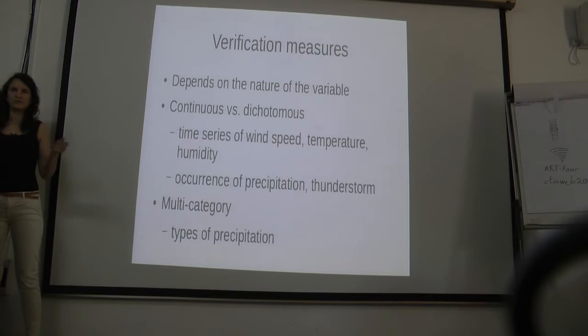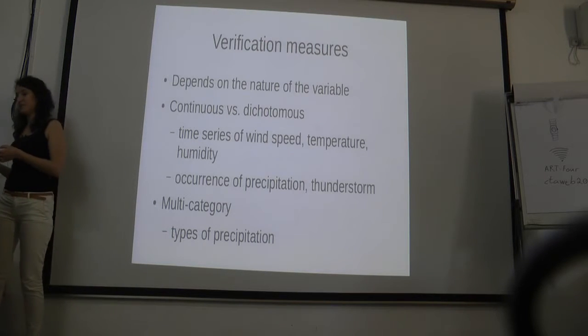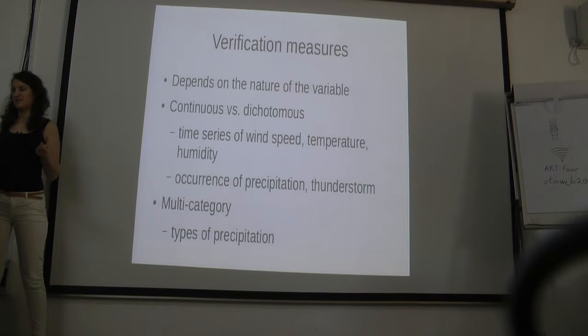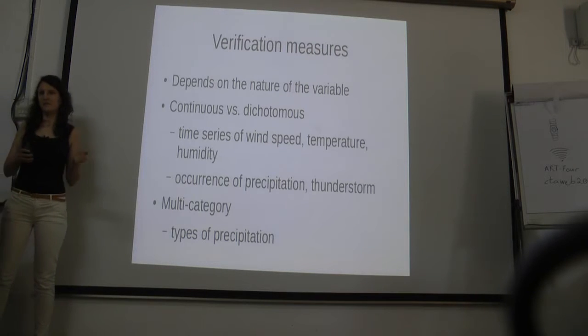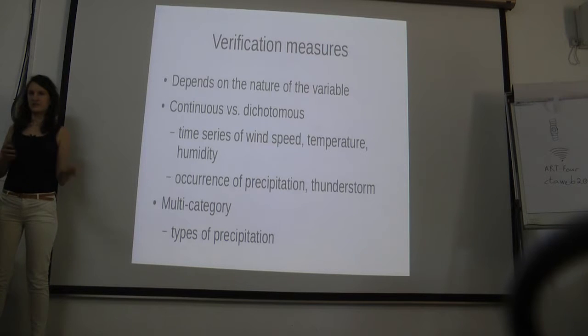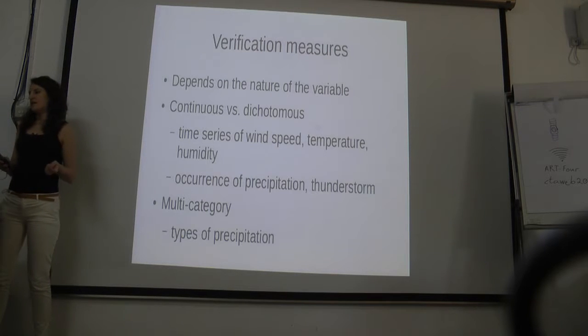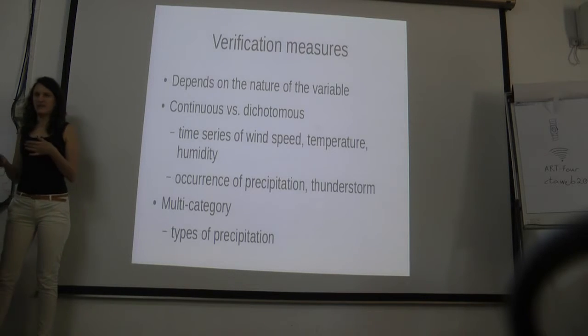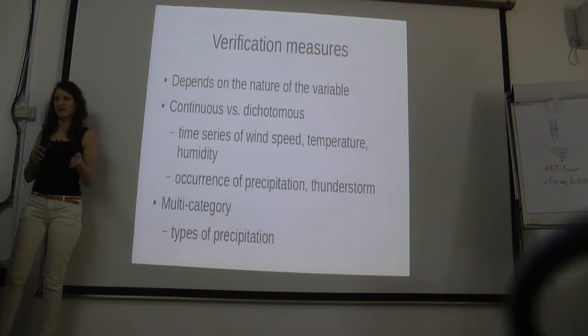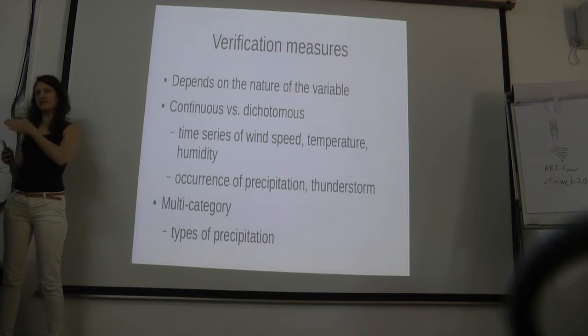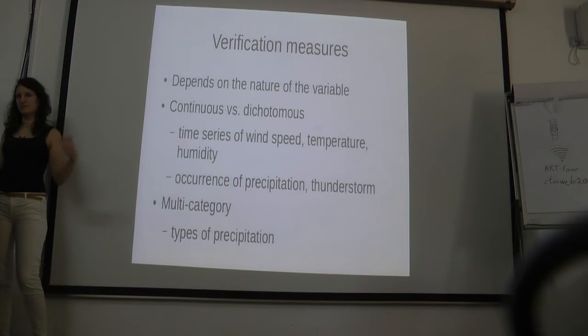So this is wind speed, temperature, humidity, etc. But on the other hand, you can have dichotomous values such as did an event appear, did a precipitation happen or did it not, did the thunderstorm happen or did it not. You can also have some multi-category, so some types of precipitation or some thresholds on the amount of some value.